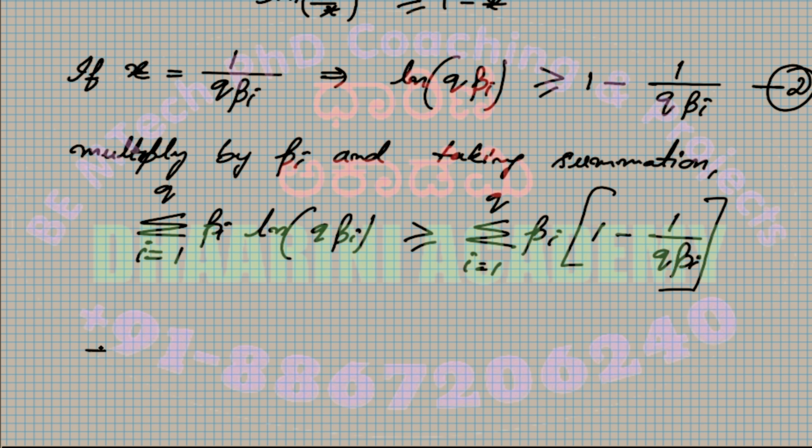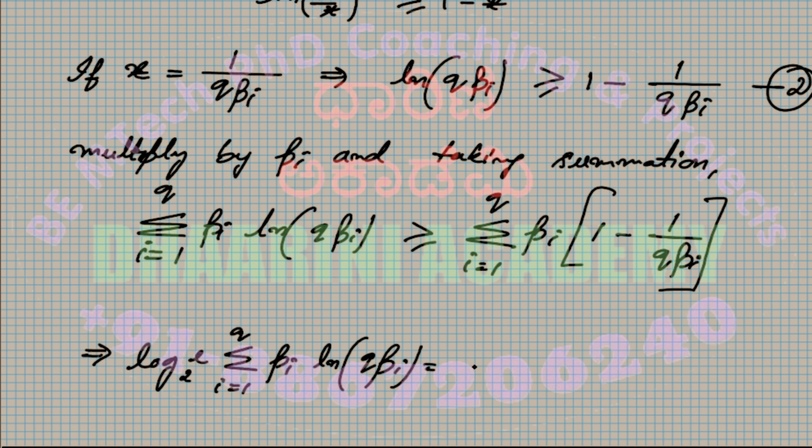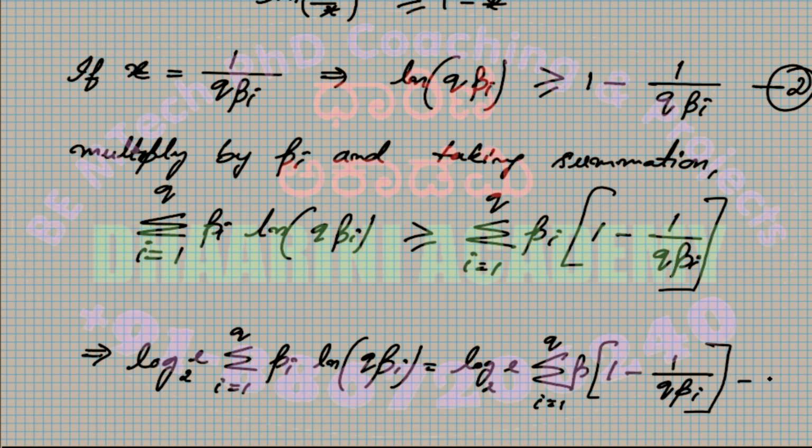So this implies log e to the base 2 times the summation i equal to 1 to q of pi ln q into pi should be greater than or equal to log to the base 2 of e into the summation i equal to 1 to q of pi times 1 minus 1 by q times pi, and I'm going to call this equation number 3. Let's hold on to this and we'll come back.